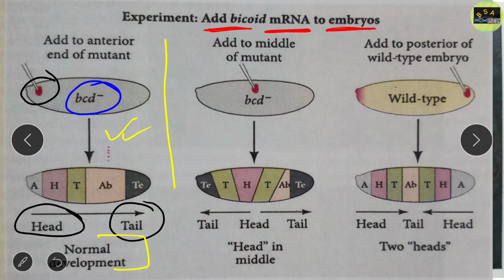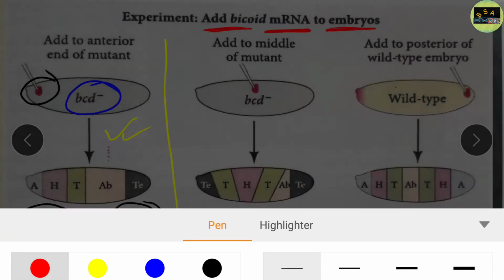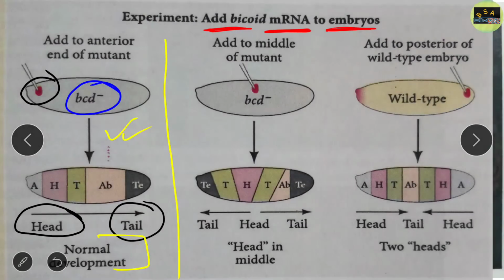Next, look at this figure. Now what happens if we add the bicoid mRNA in the middle of the bicoid deficient embryo? Then the head will generate in the middle part. Look at this, this is the head.